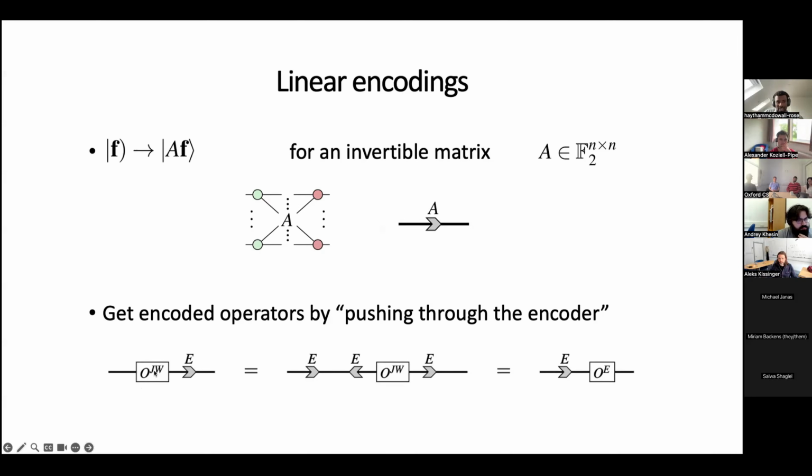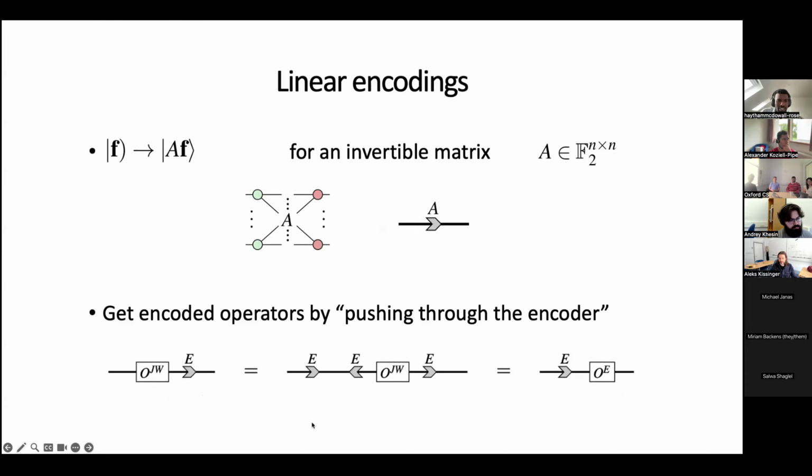It's already been mapped from fermions to qubits, but it hasn't gone through any special encoding processes yet. What we want to do is encode this by taking this Jordan-Wigner operator and pushing it through E without damaging E. And then whatever comes out the other side will be our nicely encoded operator.